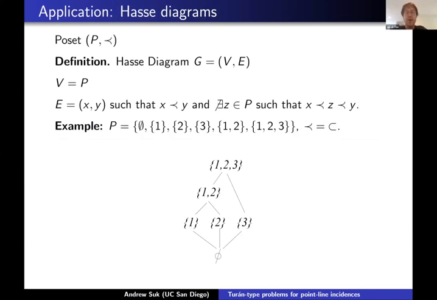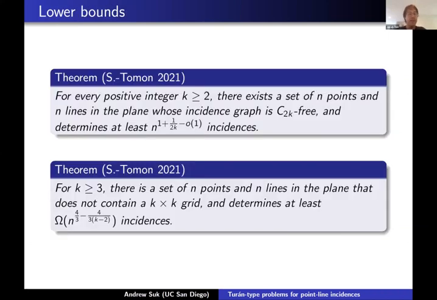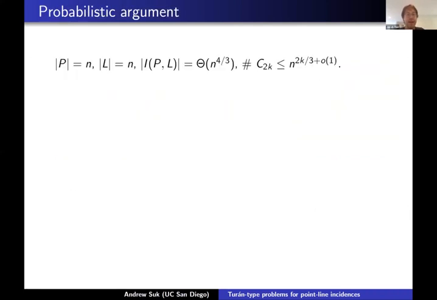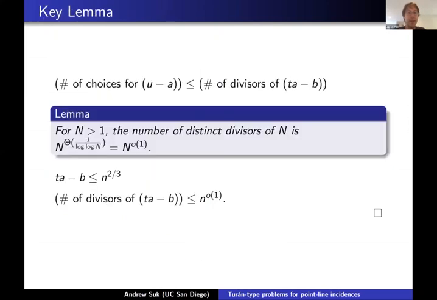Andrew, I have a hopefully quick question first. About the first result, in the proof of the key lemma, you use the fact that the number of divisors of any integer at most n is at most n to the little o(1), and it's like log n over log log n roughly. I guess, yeah, so here. So the average number of divisors is on the order of log n, which is considerably smaller.